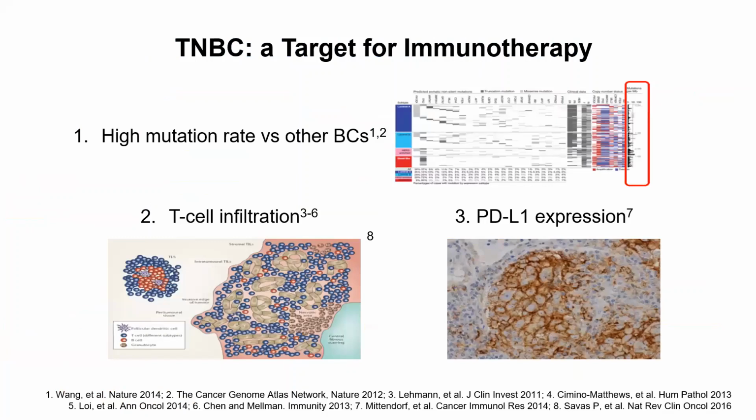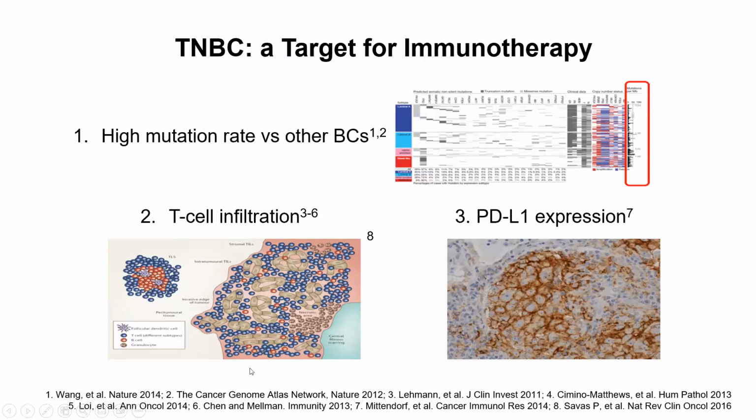Immune therapy is something that has had a lot of successes in other types of cancer. Breast cancer is sort of the last to the game here. Triple negative breast cancer is probably the most likely to have benefit from immune therapy, and that's where we're using it only.